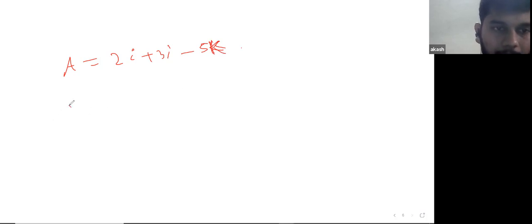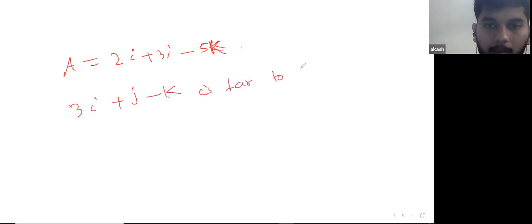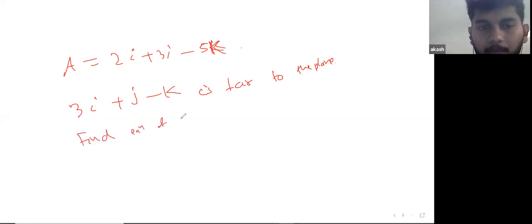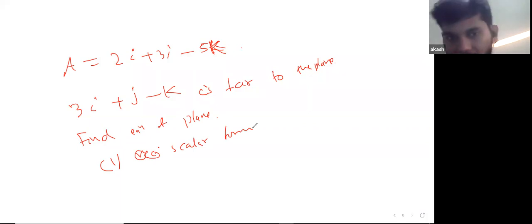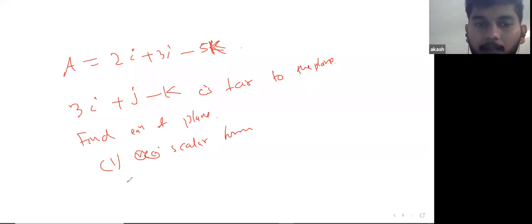The vector 3i plus j minus k is perpendicular to the plane. Find the equation of the plane in vector form or scalar form. See, the thing I'm calling vector form is actually scalar form, but we write it with vectors, so I'm calling it vector form. This is scalar form and this is Cartesian form.